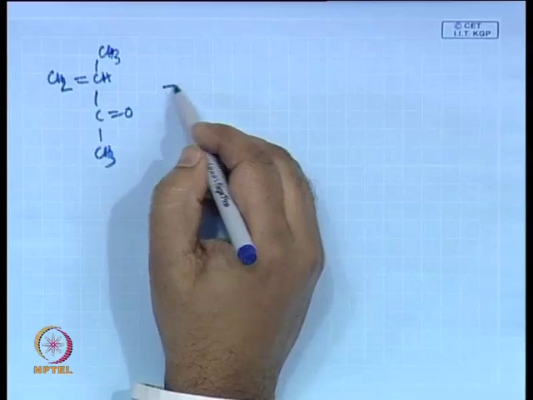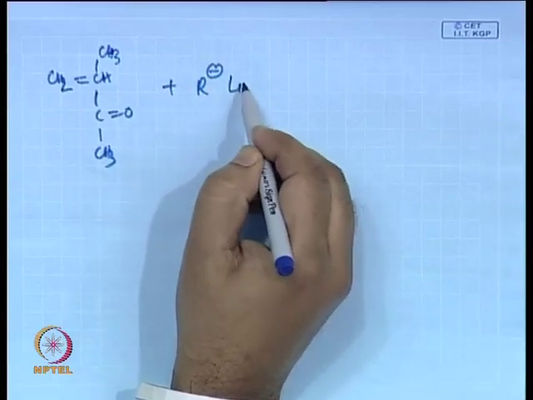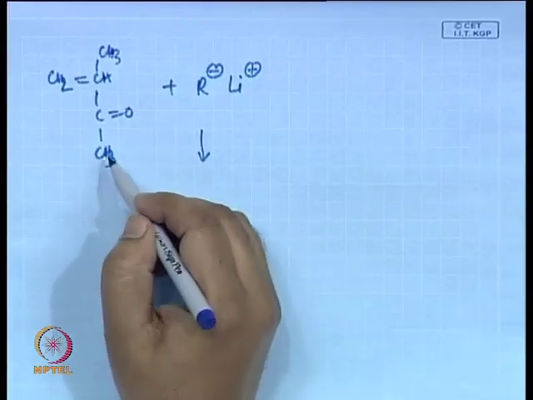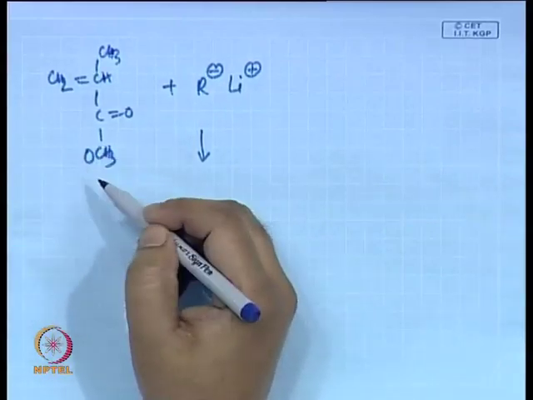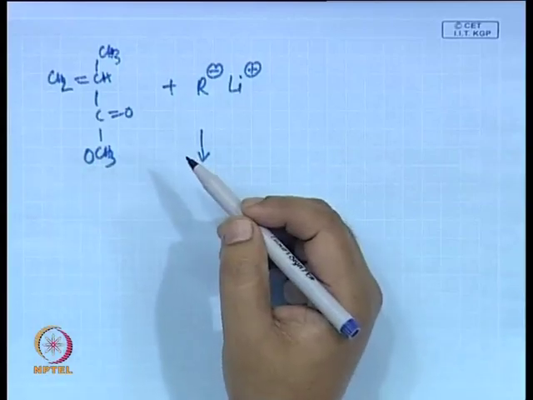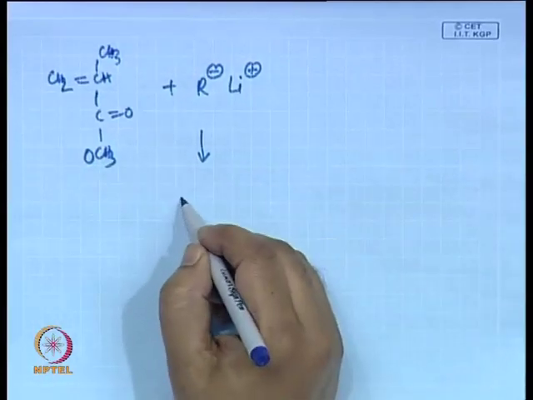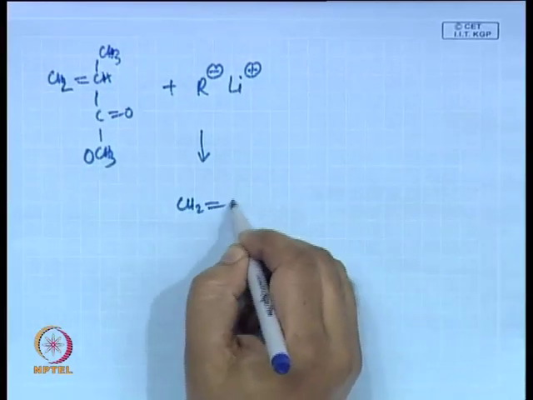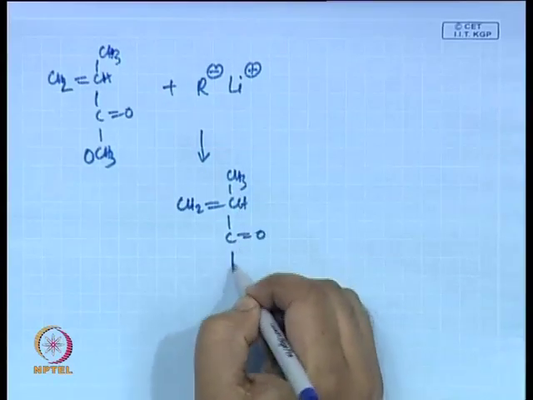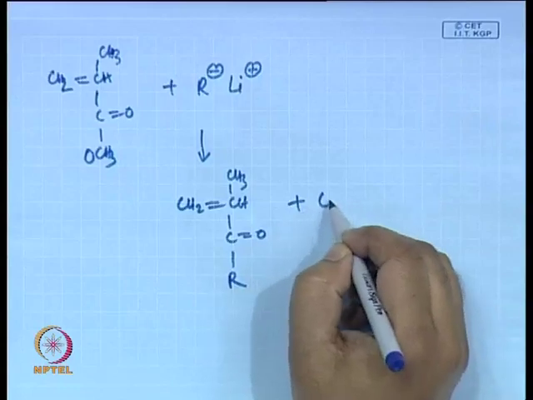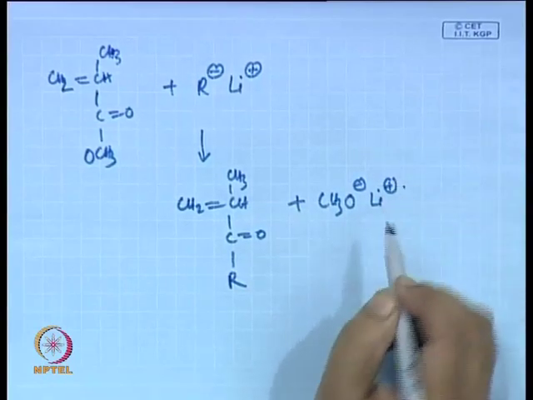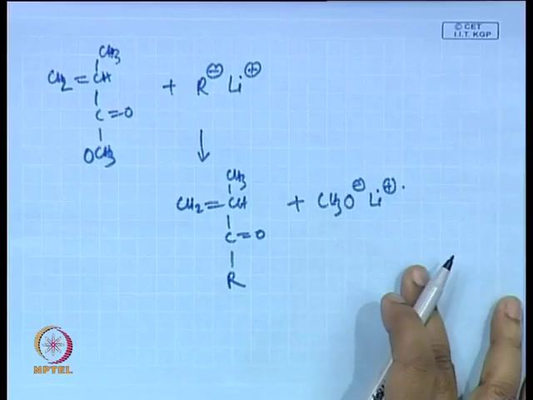This is a reaction of the monomer with the initiator molecule itself. Now, it can do a nucleophilic substitution reaction here and form again a methoxy group here.